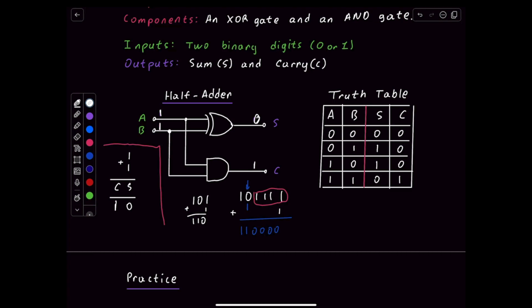Does that make sense? Because we're actually adding 2 bits, the sum is going to be 0 because it carries over. The 1 carries over to the carryout bit. That is pretty much how it works.